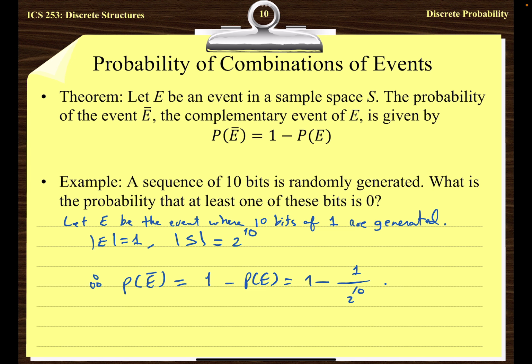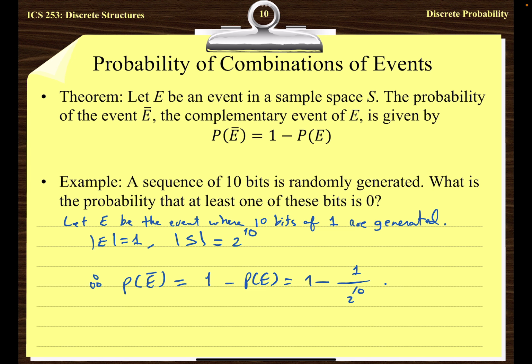That's the probability of the example. I don't know, but well I did it. It is 2 to the 10 minus 1 over 2 to the 10.